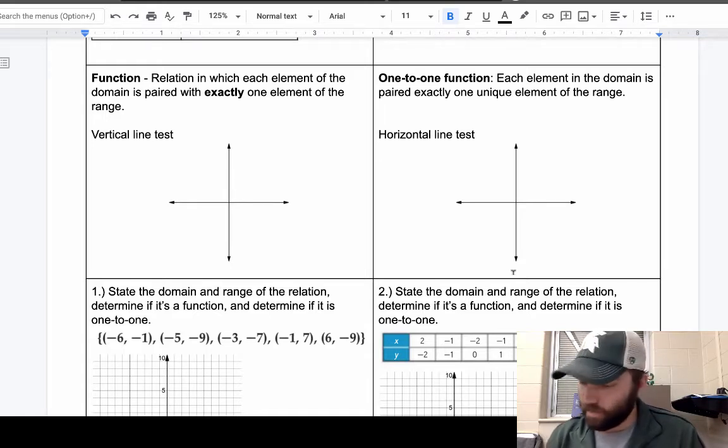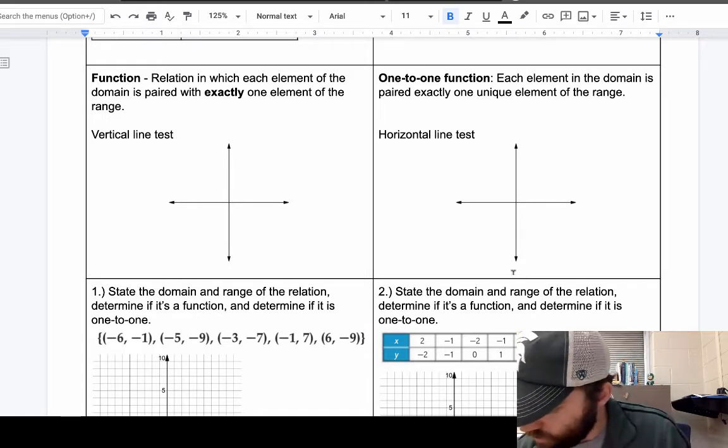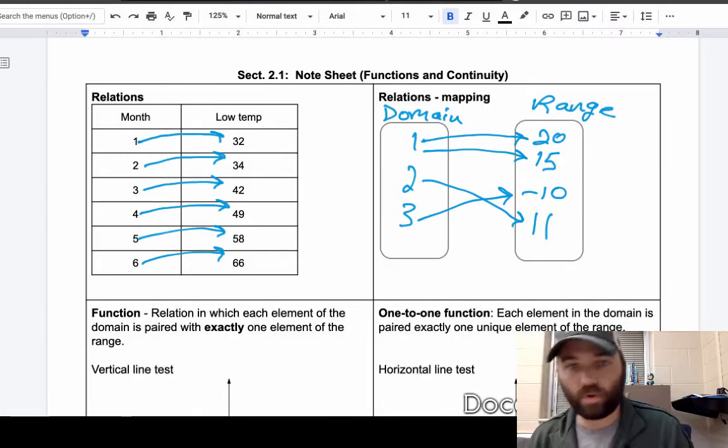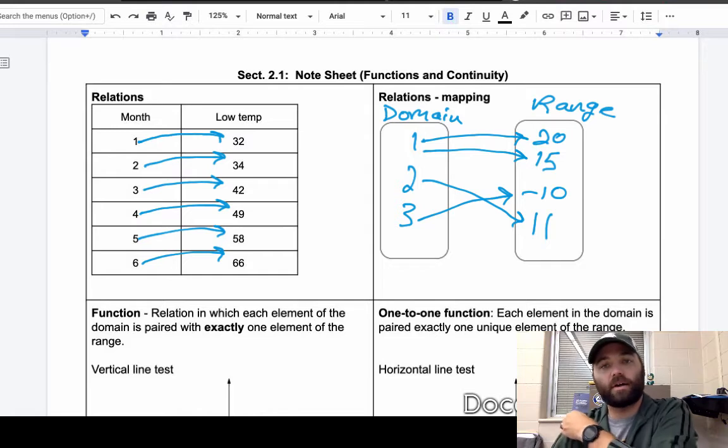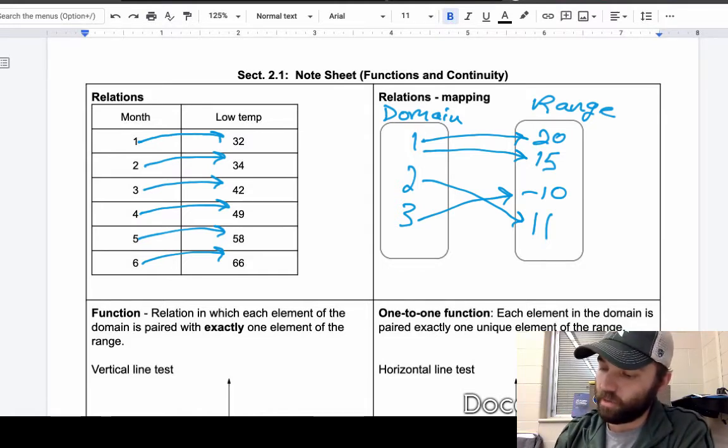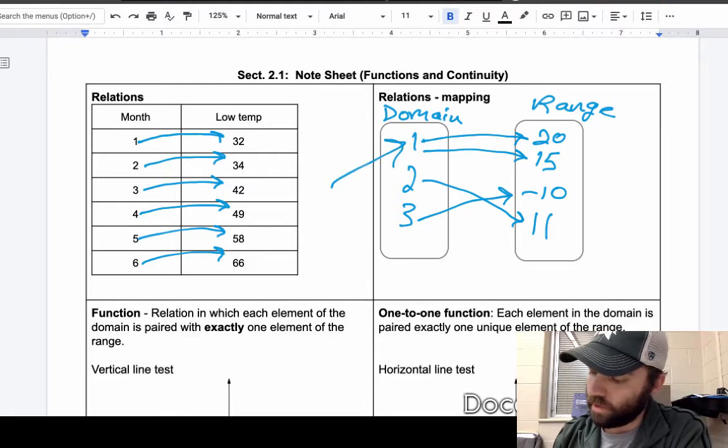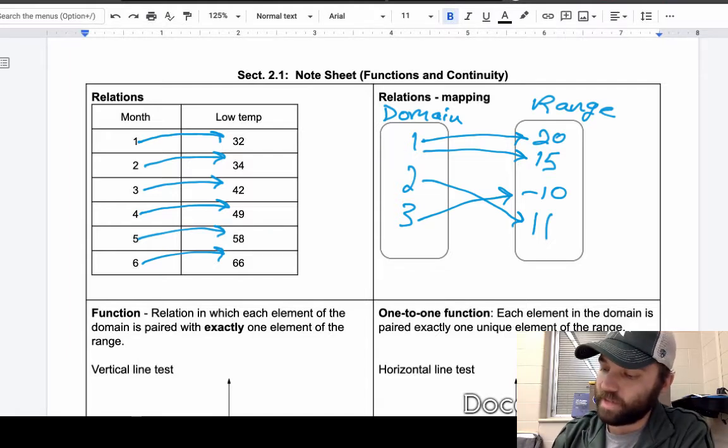So what I had up there previously was not a function because this element in the domain right here, 1, mapped onto 2 different values. So that means that it was not a function.